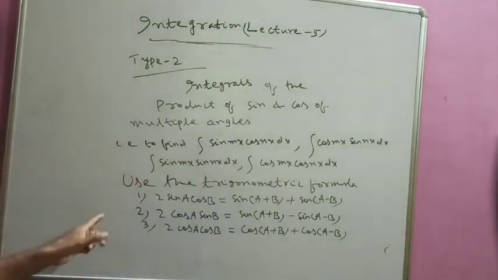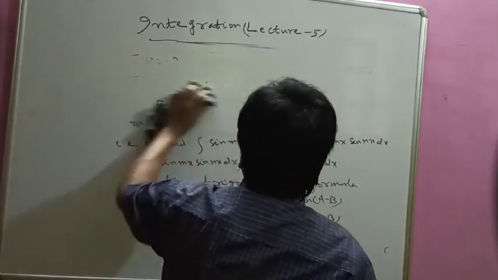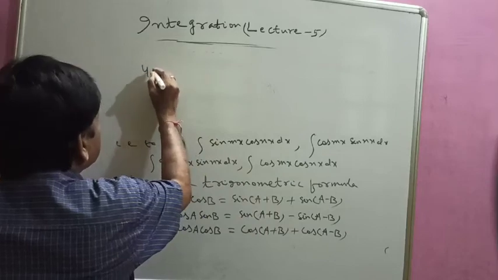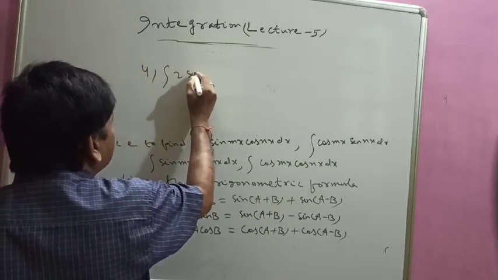Okay, so please remember all these formulas. So let us discuss formula number 4. So what is formula 4? That is 2 sin a into sin b.